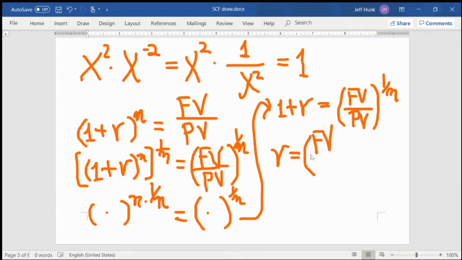FV over PV, or P, raised to 1 over n, minus 1, right? But now, doesn't that look a little familiar? You saw this somewhere before. I hope you haven't forgotten. It wasn't that long ago, right?